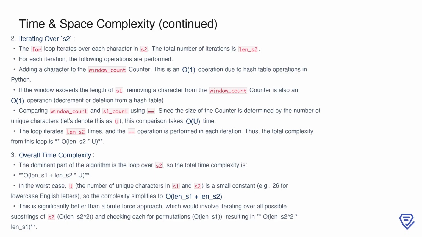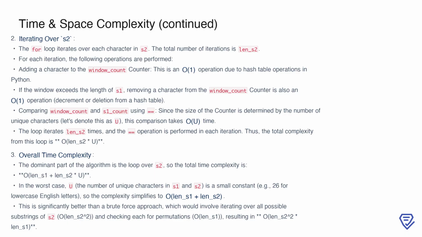This comparison involves checking the frequencies of all unique characters, which takes O(U) time, where U is the number of unique characters. Since the loop processes each character in S2, the overall time complexity of this step is len_S2 * U. Combining this with the initial frequency count of S1, the total time complexity is len_S1 + len_S2 * U. In practice, U is typically small, such as 26 for lowercase English letters, so this simplifies to len_S1 + len_S2.